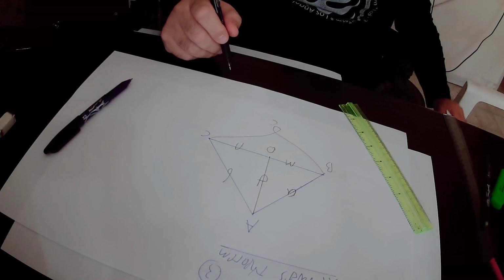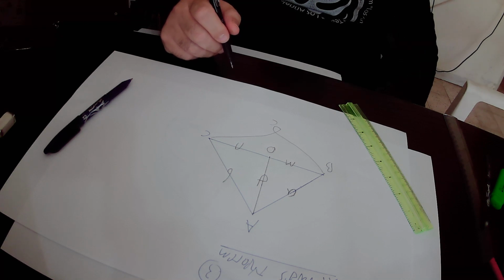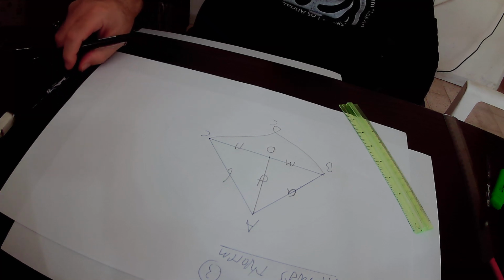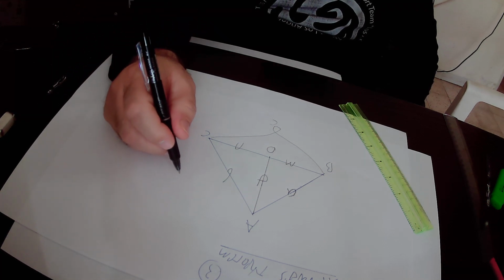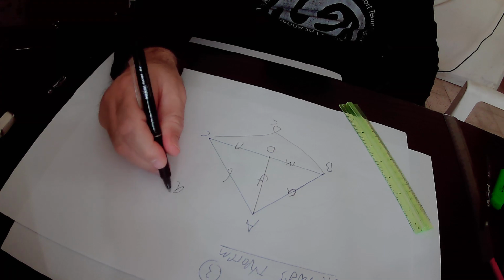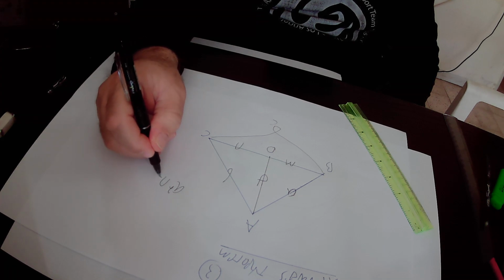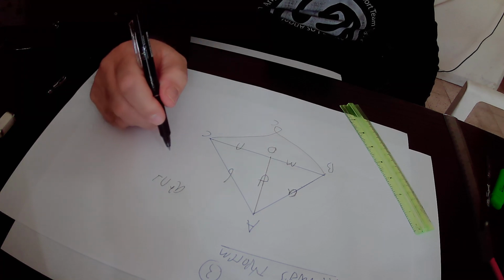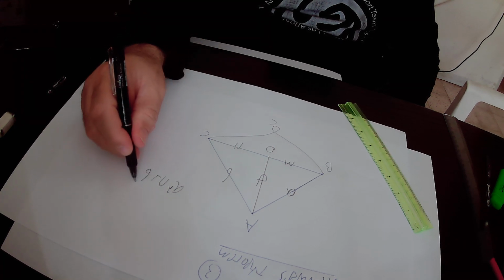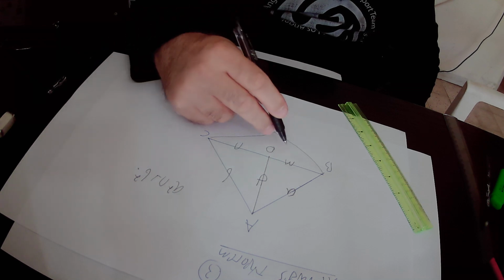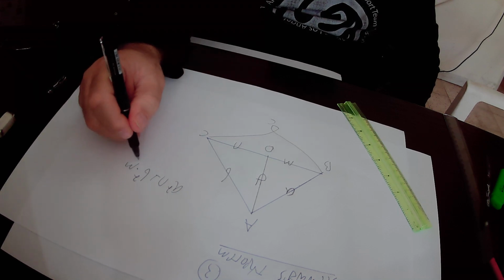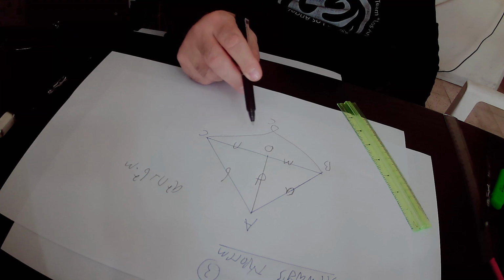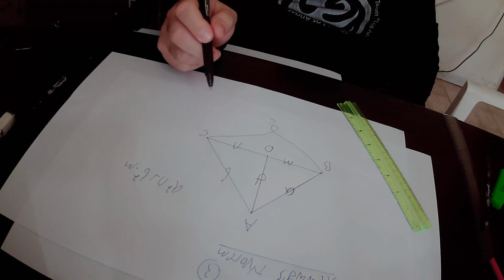According to Stewart's theorem, the following equation is true: A squared times N plus B squared times M. M is the length of line segment BO, and N is the length of line segment OC.